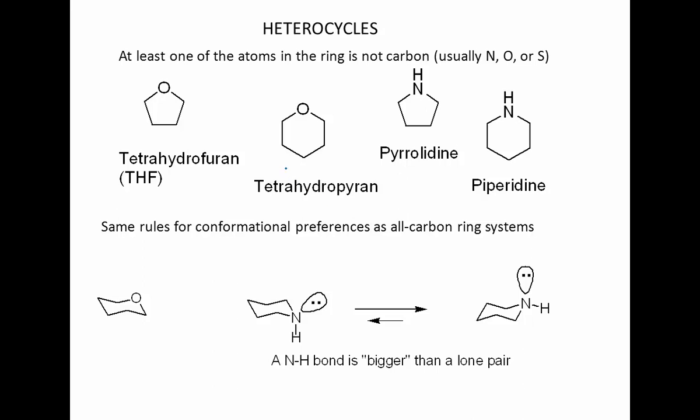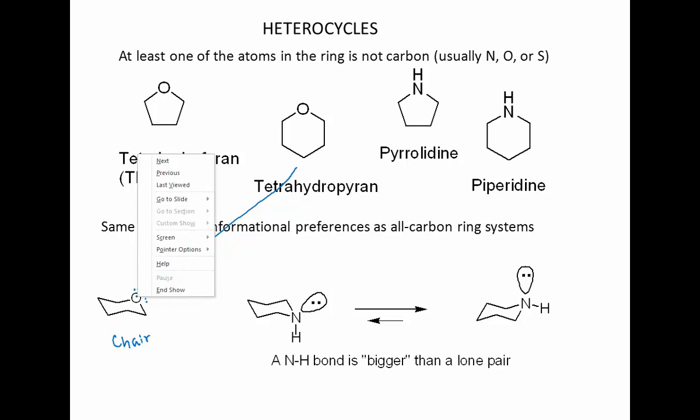So the six-membered rings here, the tetrahydropyran, would also exist as a chair. One of the pairs of CH bonds has been replaced by a lone pair, but it still basically prefers the chair conformation.